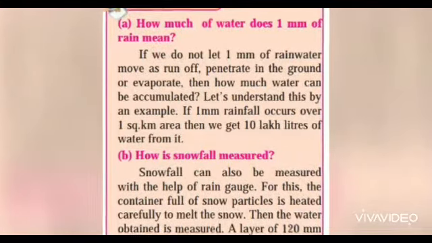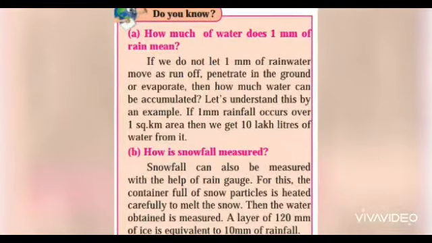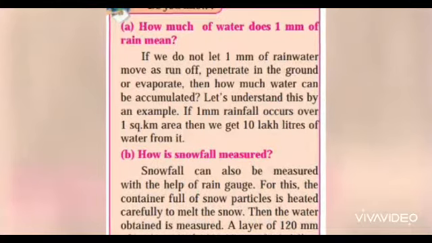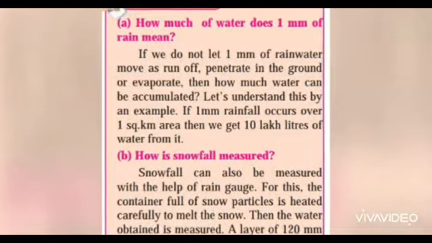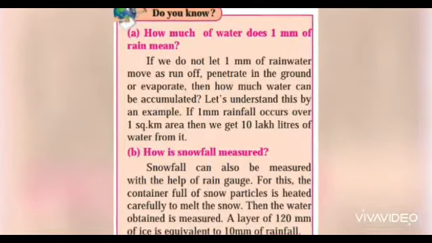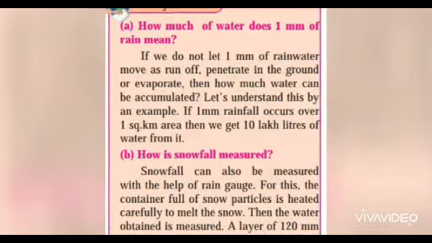Then the water obtained is measured. A layer of 120 millimeter of ice is equivalent to 10 millimeters of rainfall.